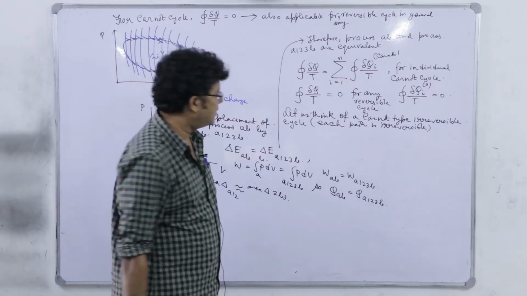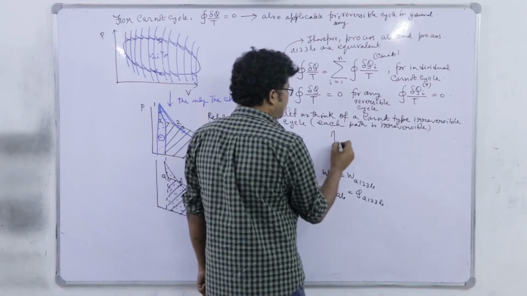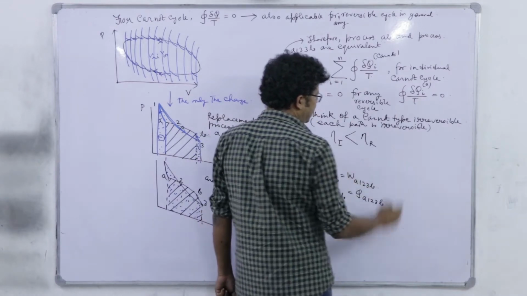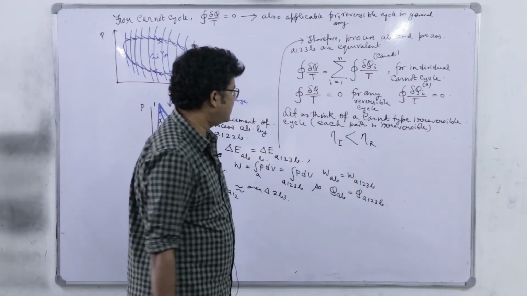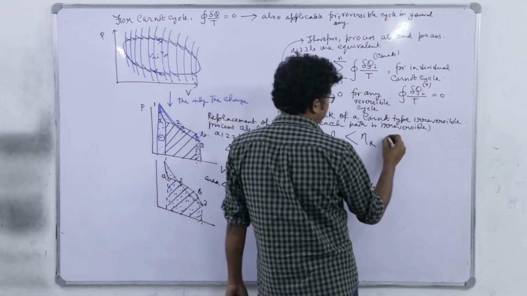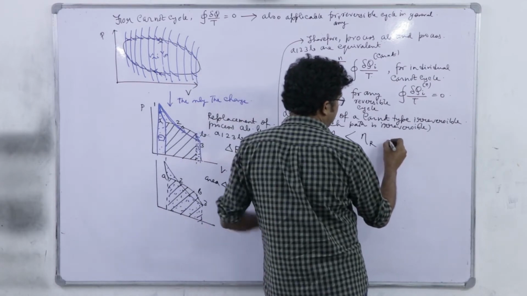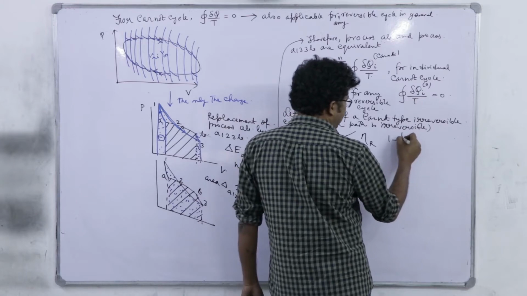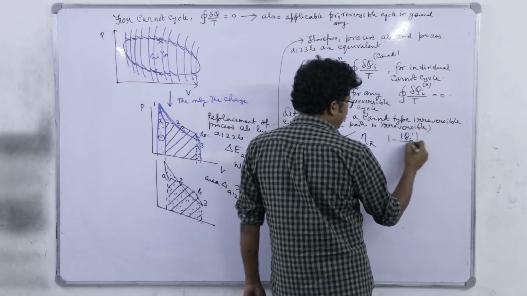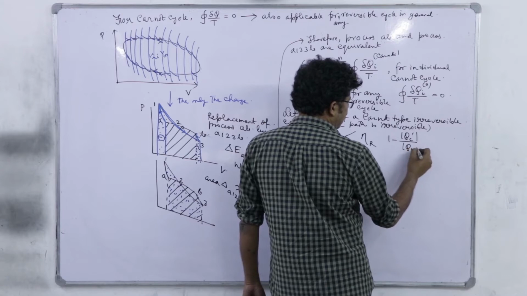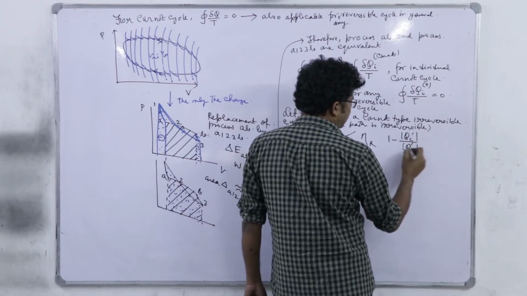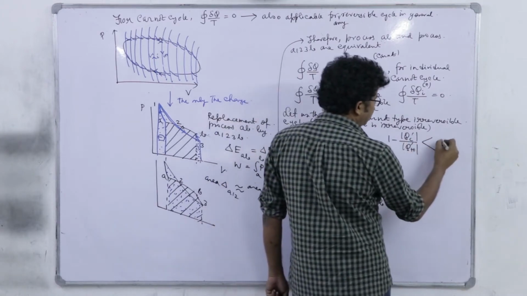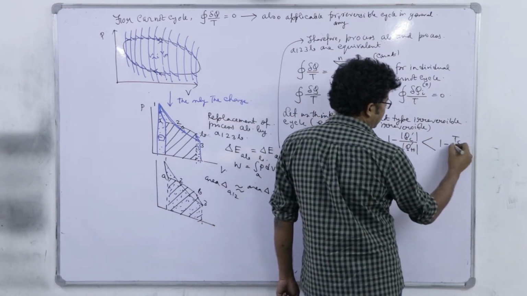So if it is irreversible, the efficiency of the irreversible Carnot cycle must be less than the efficiency of the reversible cycle. So this gives that 1 minus, let's say the heat interaction is something like this, QH prime, these are the efficiency terms for the irreversible cycle, that must be less than 1 minus Tc by Th.